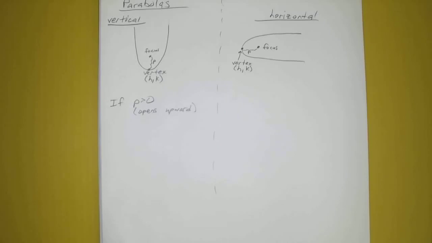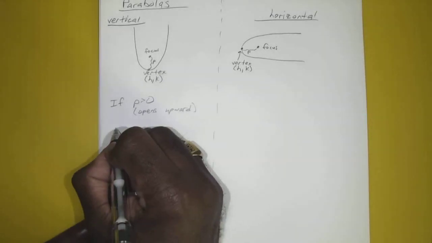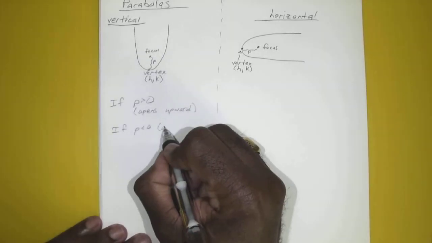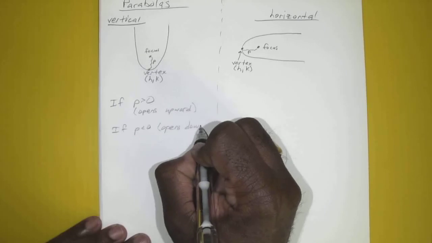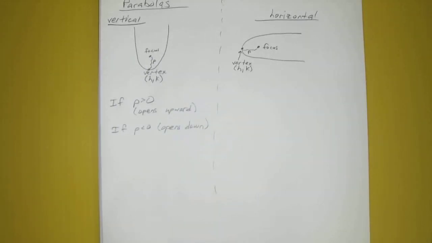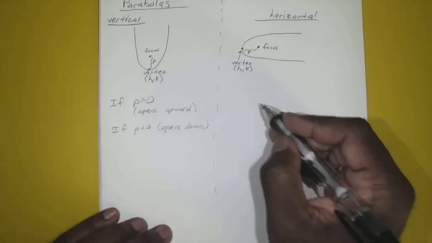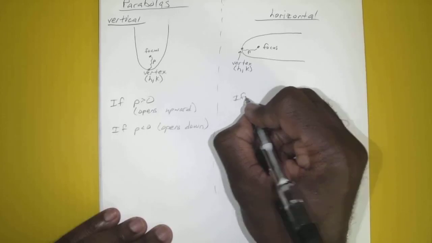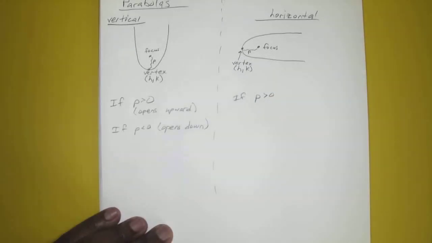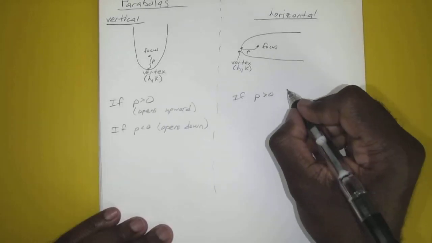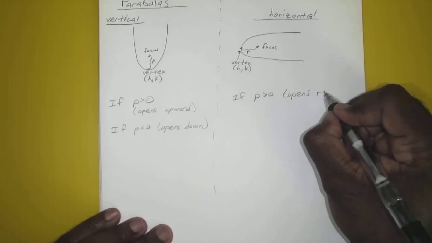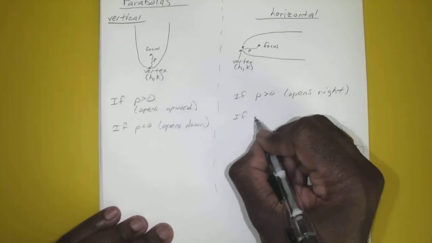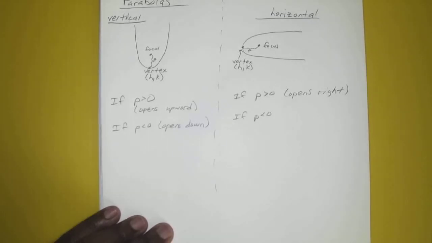And if p is negative, you know it opens downward. But if you have a horizontal one, it's a little bit different, but not much. If p is positive for a horizontal, it opens up to the right. And if p is negative, it opens up to the left.